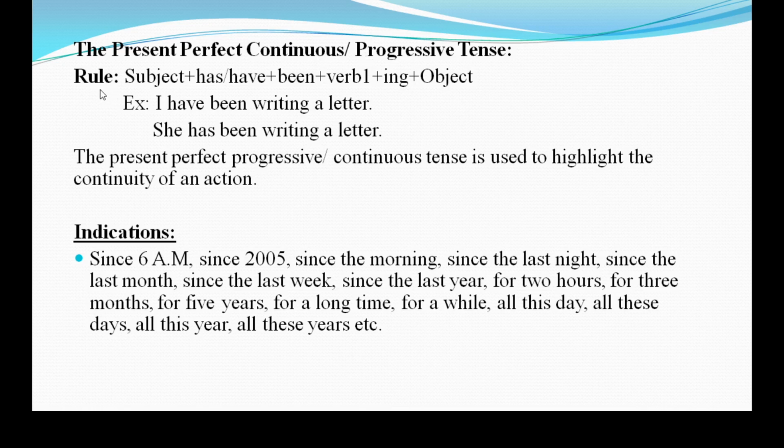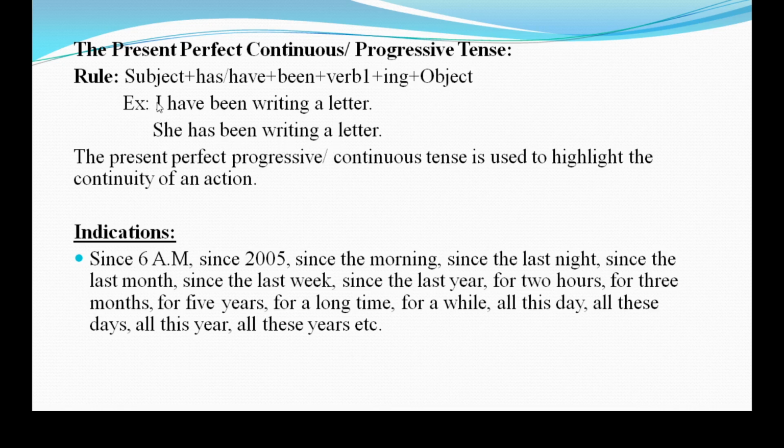Here, the rule is subject plus has or have plus been plus verb 1 plus ing form plus object. So, based on this rule, we construct: I have been writing a letter. She has been writing a letter.